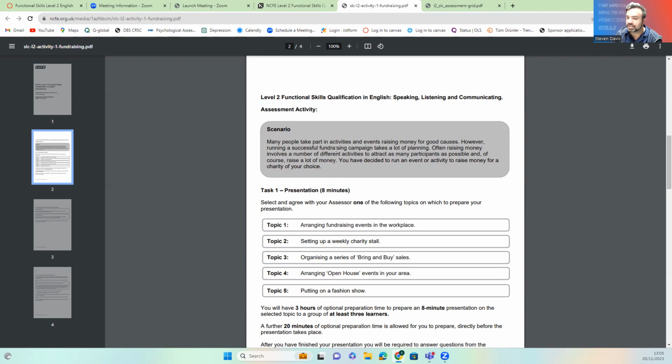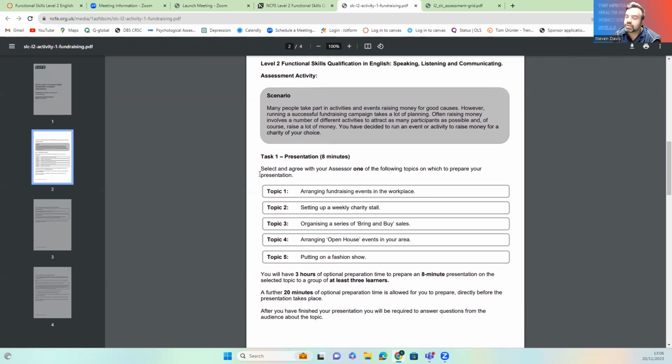However, running a successful fundraising campaign can take a lot of planning. Often raising money involves a number of different activities to attract as many participants as possible, and of course raise a lot of money.